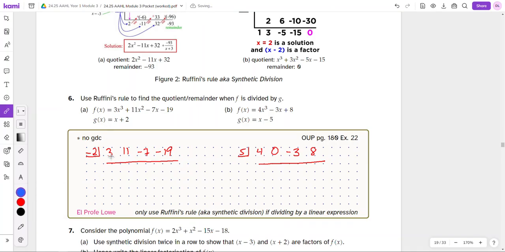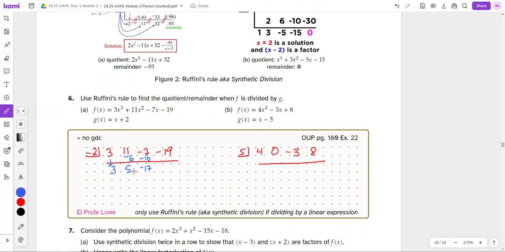So how's this going to work? I'm going to take this 3 and bring it right down, so I have a 3. Then -2 times 3 is -6. Then I add coming down the column, that's 5. Multiply, -2 times 5, that's going to be -10. Add coming down the column, that's going to be -17.